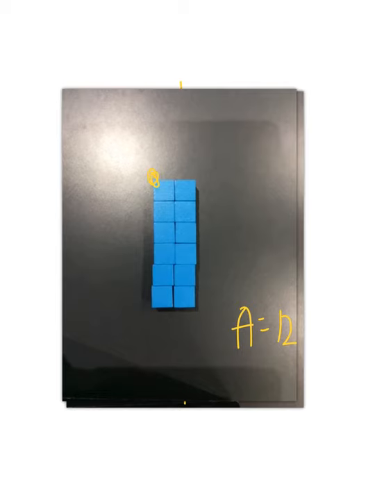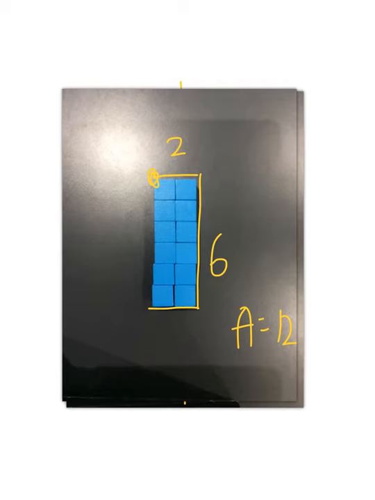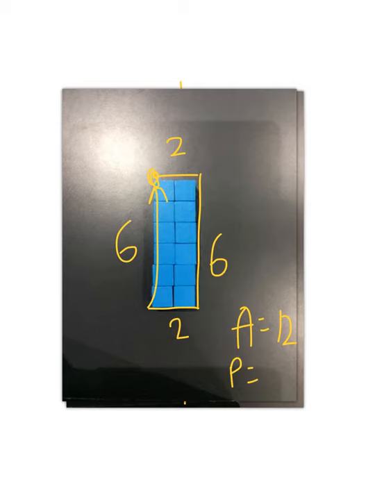If I'm starting at this corner, I'm going to go 2 across, 6 down, 2 across, and 6 up. So the perimeter is going to be 2 plus 6 doubled, which is 16.